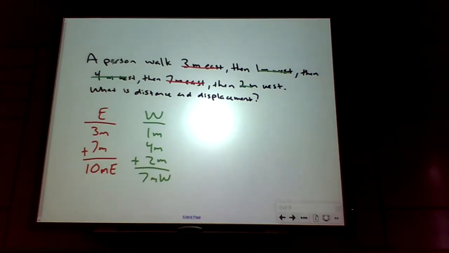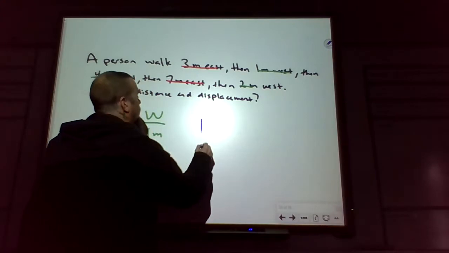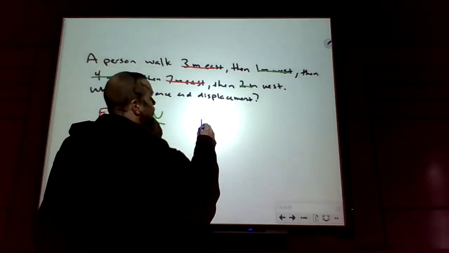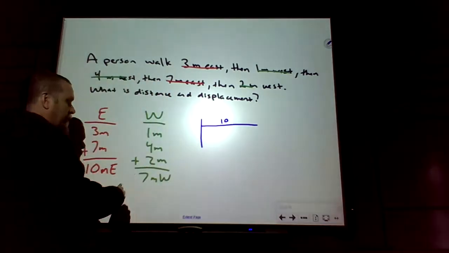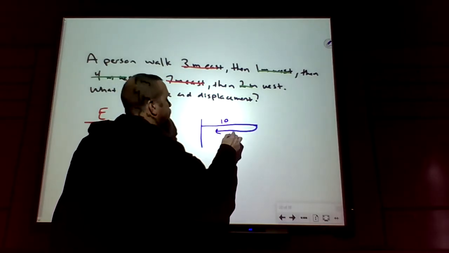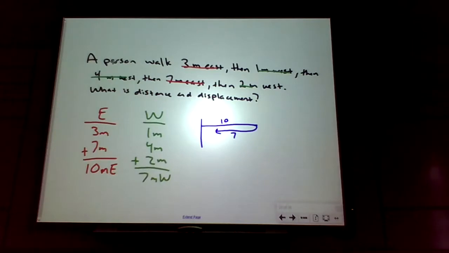And once we've done that, now we have a relatively simple problem to think about. So a person starts there, goes 10 meters east, and then comes back around 7 meters. So now it just looks like the original simple one that we had up here on the board.